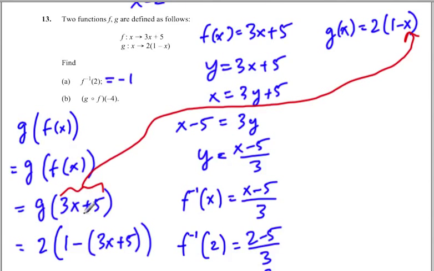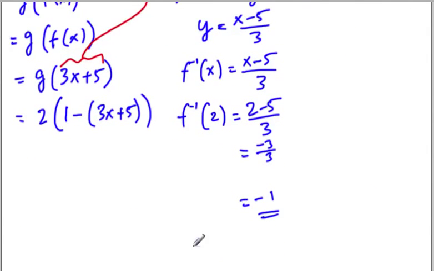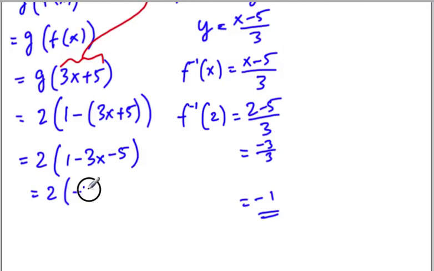And I highly suggest that when you put that something, you put that in brackets. That way if there's a negative in front, as we'll see, you never make a mistake. So this is equal to 2 times 1 minus 3x minus 5. Okay, so it's equal to 2 times 1 minus 5, or this is negative 3x minus 4.